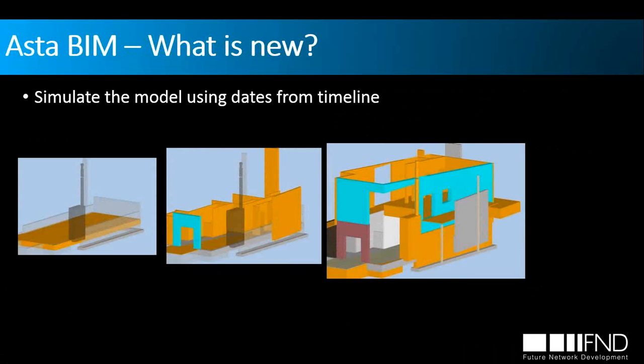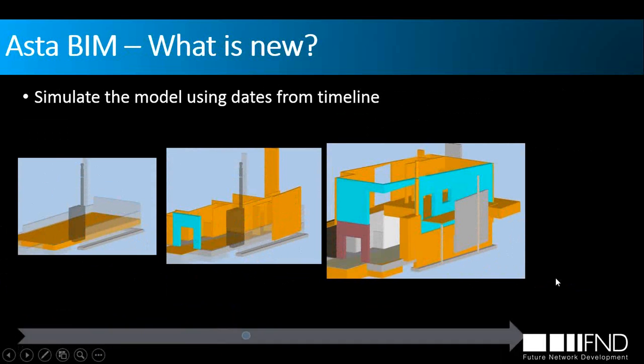We are also able to simulate the model using the dates from timeline. So let's say that here, just imagine it's like after 1 week, one month we have a progress, and after 2 months we need to finish until this stage, and after 3 months it should be in this stage.